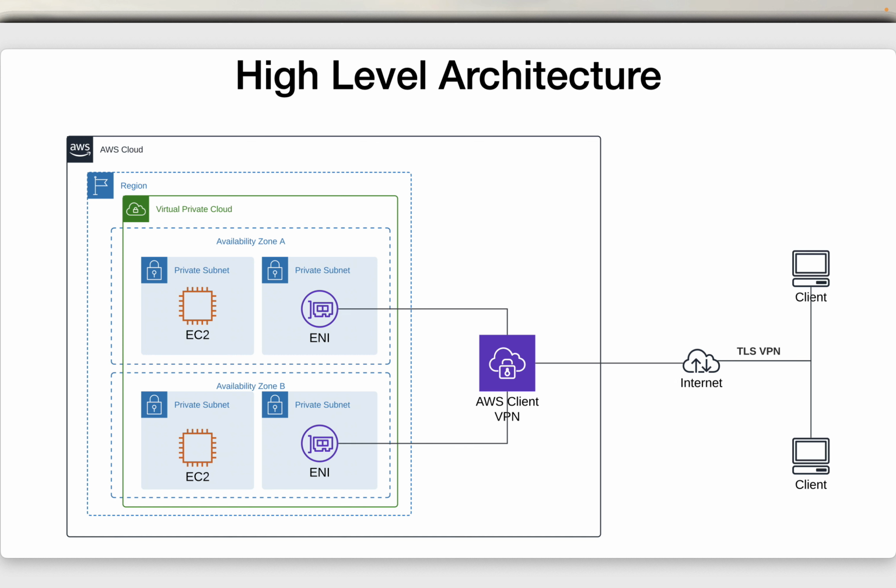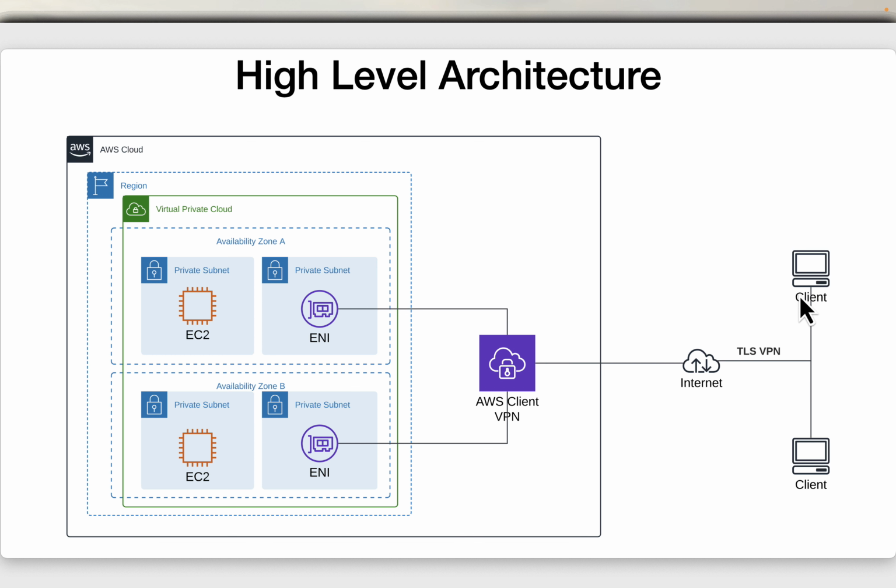Okay, this is the high level architecture, how it looks. So basically, you are a user over here. Let's say you have a laptop and you are just working from home. You want to work with AWS resources, and we have made policies. Let's say you cannot connect directly, and we have configured the client VPN service on AWS. So what will you have to do? You will install the AWS client VPN, and the communication will happen through a Transport Layer Security (TLS) VPN tunnel.